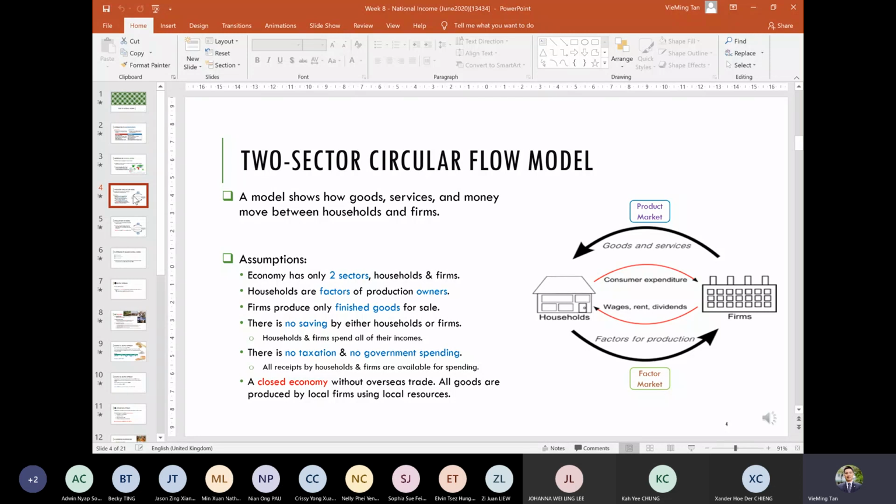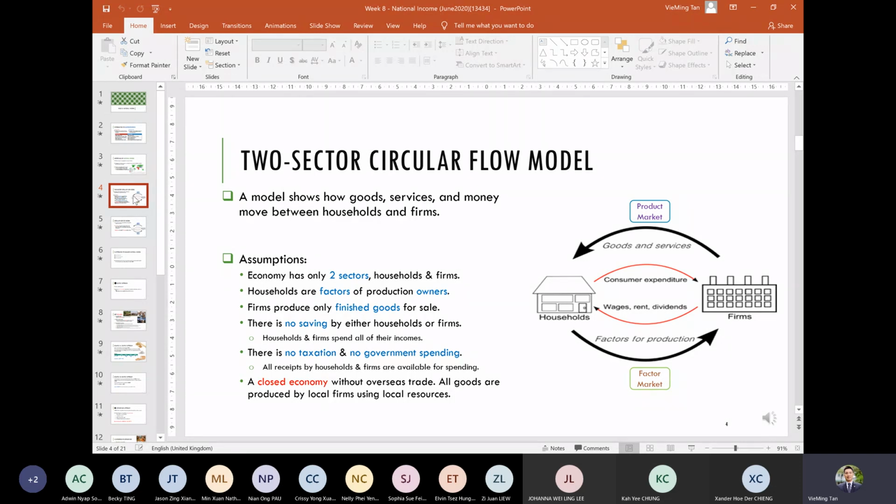The reason I would like to introduce this model to you is to show you that in a country, the total expenditure is equal to total income and is also equal to the total final product value produced by a country within a year.